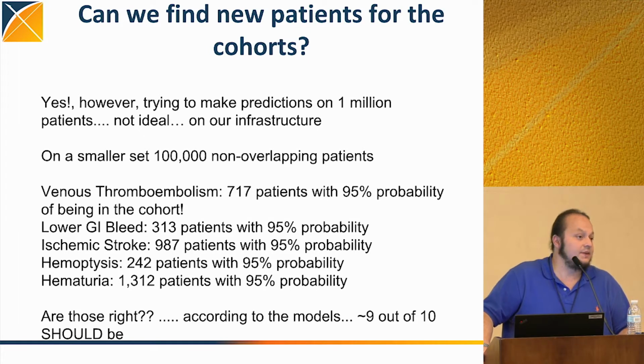In some instances, it could, yes. They were just missing whatever code was in that phenotype. So if you have a use case of identifying people in your data set who had the condition but were not coded, can Aphrodite be a potential application? Yes.